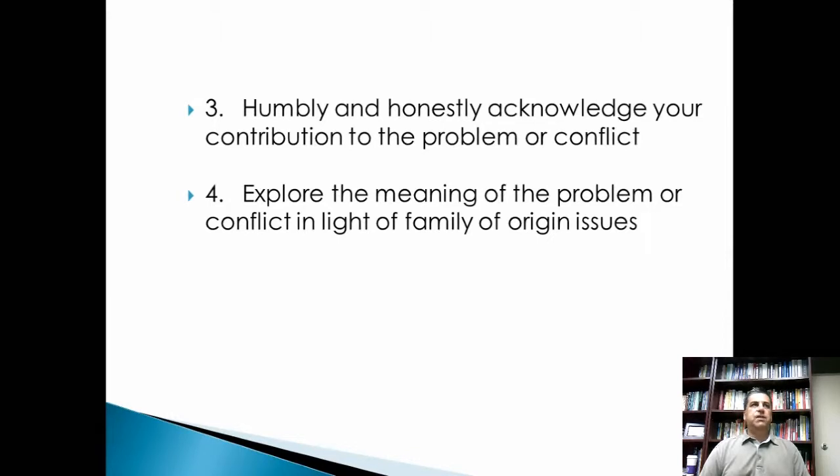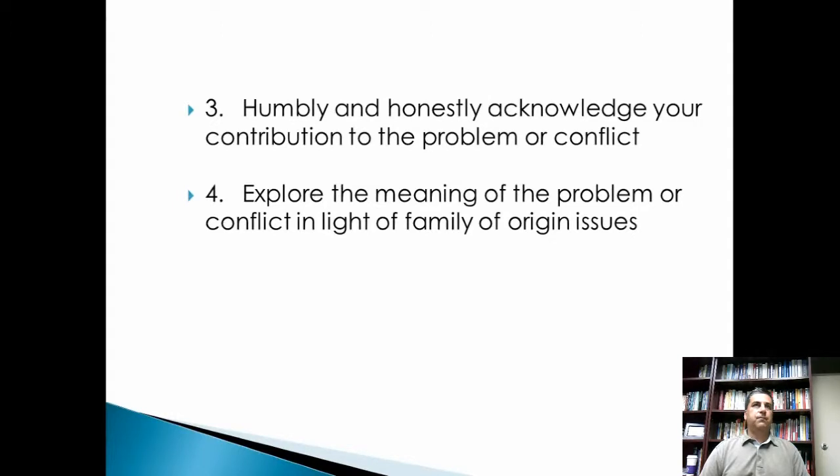She can acknowledge that she's contributing to the conflict by asking me to completely not renew the season tickets, and there may be some other ways that I can't think of right now, but that's up to her to decide. If she looks deep in herself, how am I perpetuating this problem? And maybe she feels that she's a little selfish as well, and that's fine.